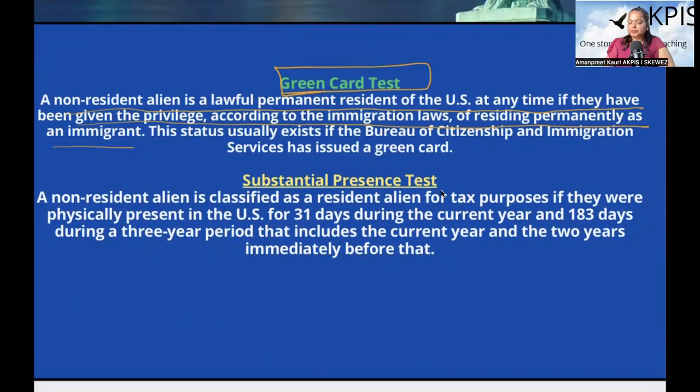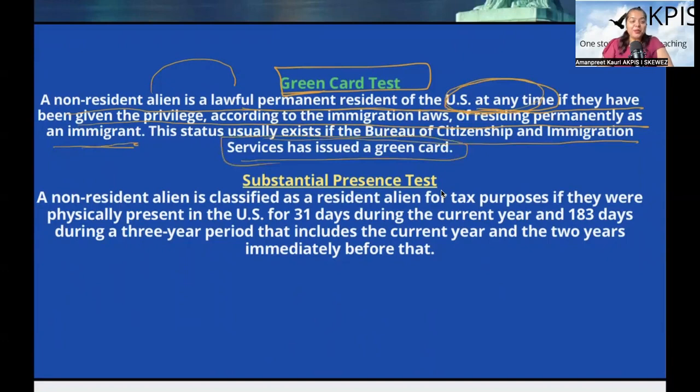And after a particular time span, as of now, you are a non-resident alien there because you're not satisfying either the green card test or the substantial presence test. But if at any point of time you are a lawful permanent resident of the US, in that situation you are referred to as an immigrant of the US, and this status exists if the Bureau of Citizenship and Immigration Services has issued you a green card.